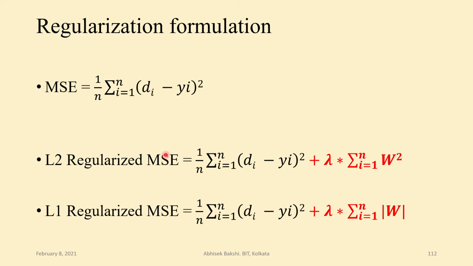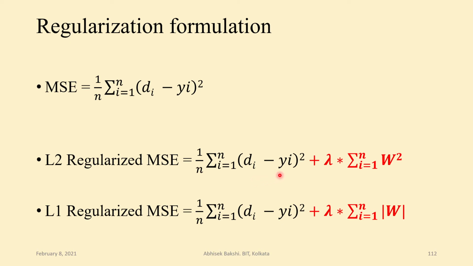The question is how it will affect the weight updation rule. The weight updation rule actually started from this equation. If you go back to my previous video on the derivation of the backpropagation technique, you will see that the calculation of the weight updation rules started from the derivation of this error.